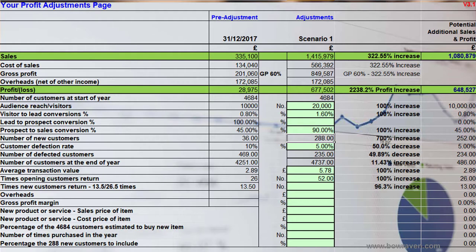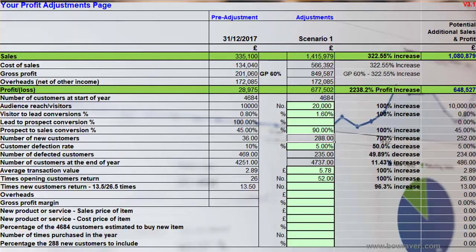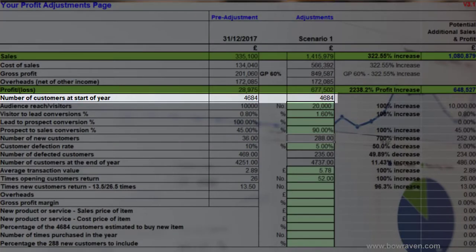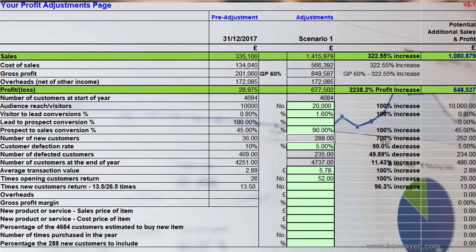Now, I recognise that with the amount of increase we've got here, we're bound to have increased costs because you've got more customers. In this case, we can see that we've got new customers of 288. We started with 4,684 customers, and at the end of the year, because some have defected, we've ended up with 4,737. We're probably going to need more staff.